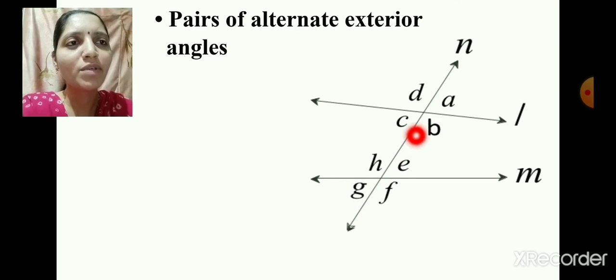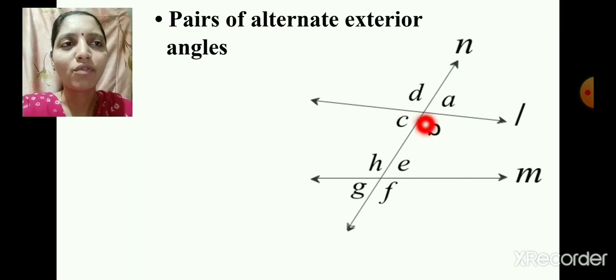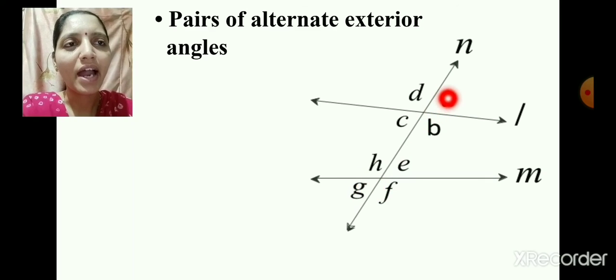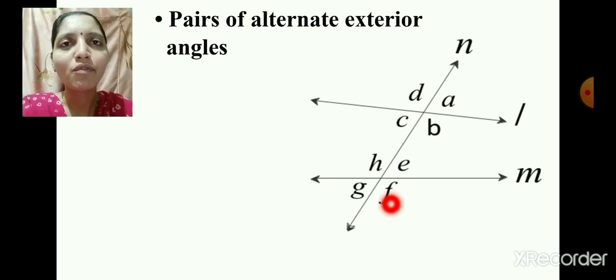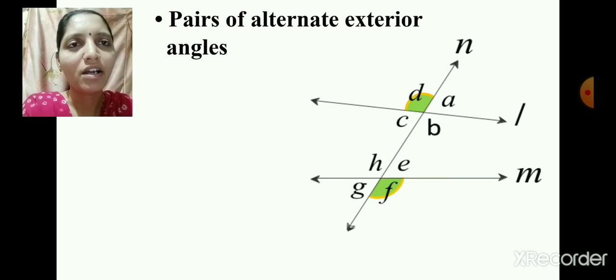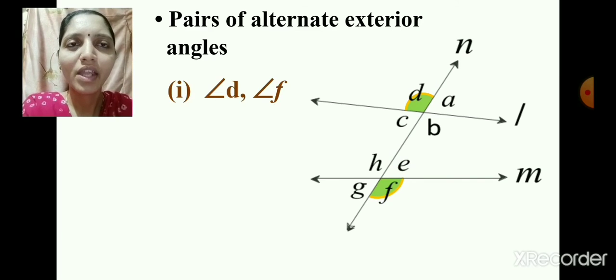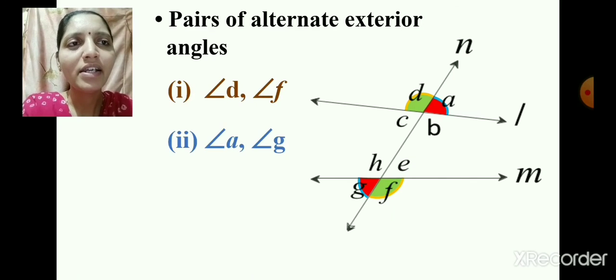Alternate means we have to see the angles which are present on opposite sides of the transversal. So angle A and angle G is one pair, and angle D and angle F will be the second pair. Let's write down angle D and angle F, and angle A and angle G. So these are the 2 pairs of alternate exterior angles.